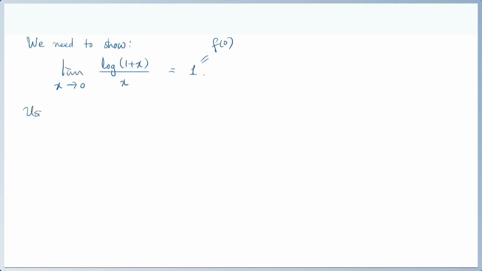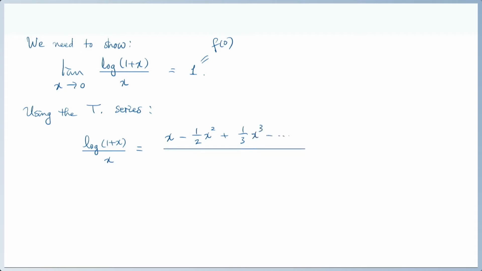But using the Taylor series, log(1 plus x) divided by x is equal to x minus 1/2 x squared plus 1/3 x cubed minus ..., all divided by x.